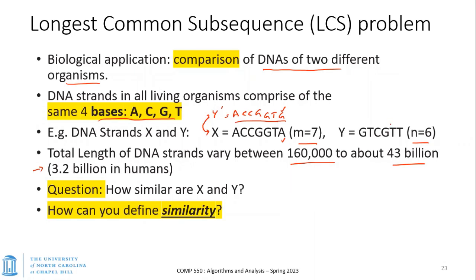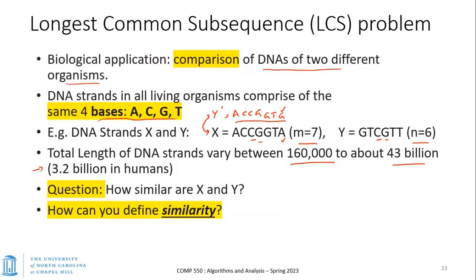But if you compare X and Y, you can see that C and C match up over here, and G also matches up, but then the lengths are also different.